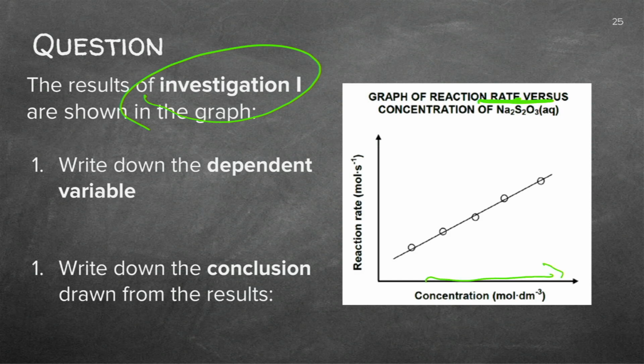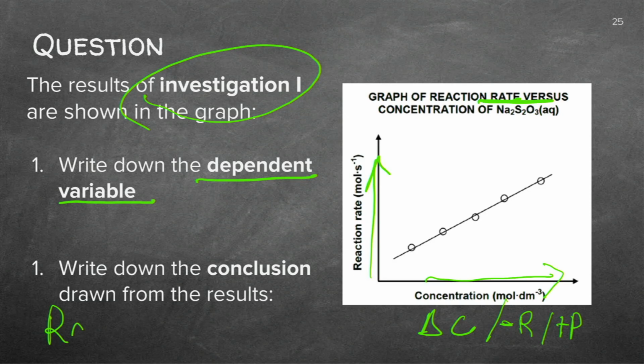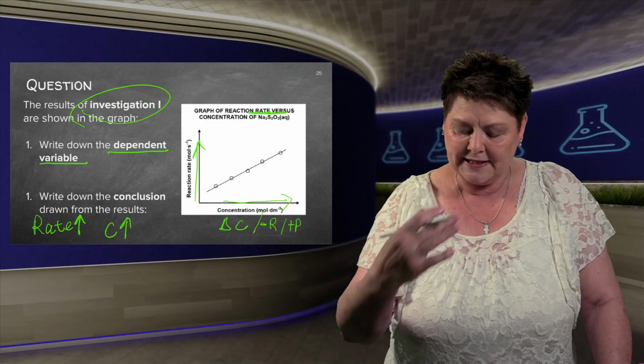As the concentration increased, the rate increased. They want us to write down the dependent variable. What is the dependent variable? Well, the dependent variable will be the change in concentration, or the forming of the product, or the decrease of the reactant, or the product that's forming. What will be a conclusion? Well, the rate will be increasing as we increase the concentration. It's not directly proportional, but it's an increase.